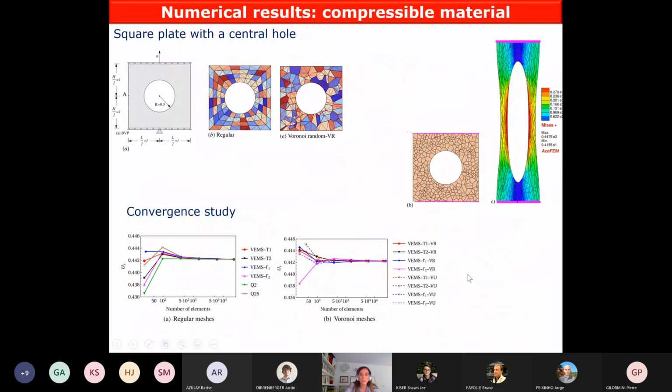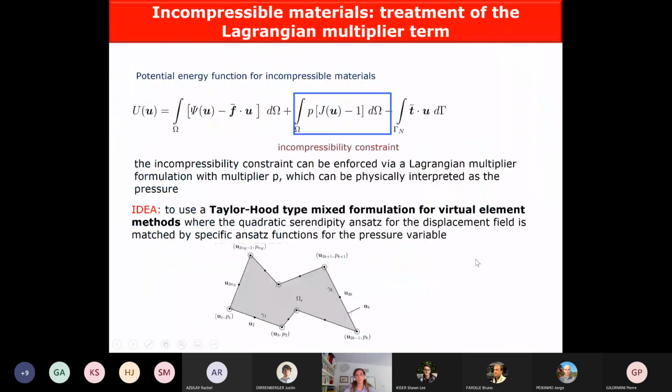I will briefly introduce just a few ideas of what we have done on incompressible materials. So the main difference is, as I said before, this incompressibility constraint that can be enforced using a Lagrangian multiplier formulation, where the multiplier P can be physically seen as pressures.